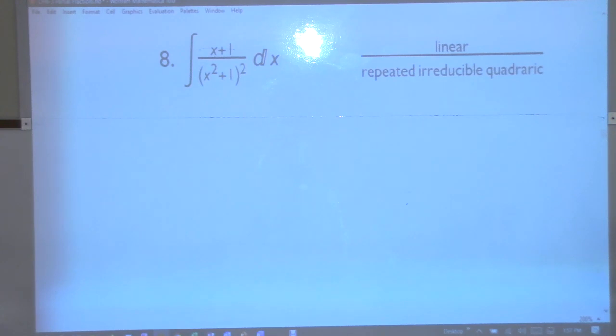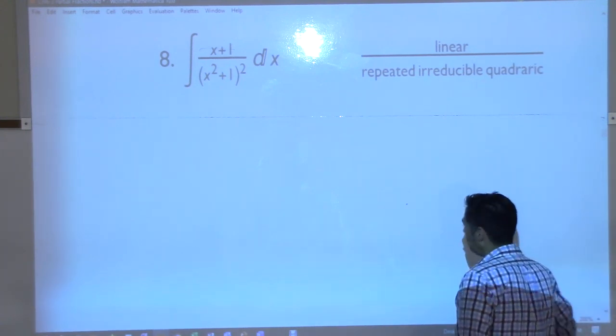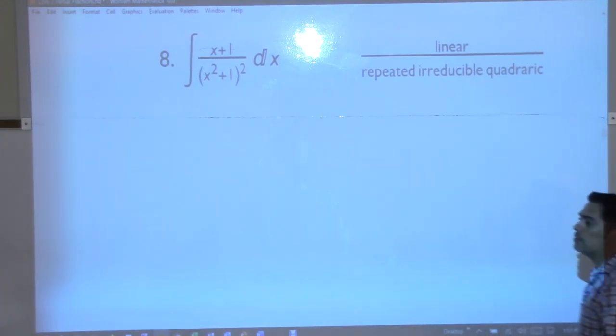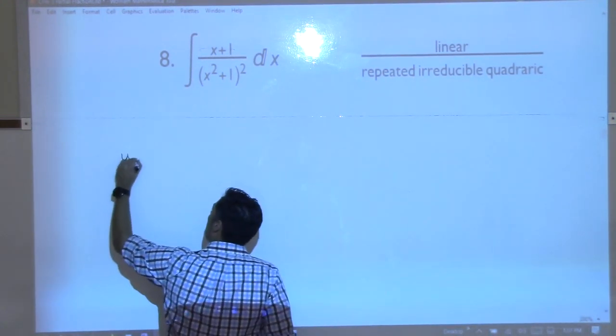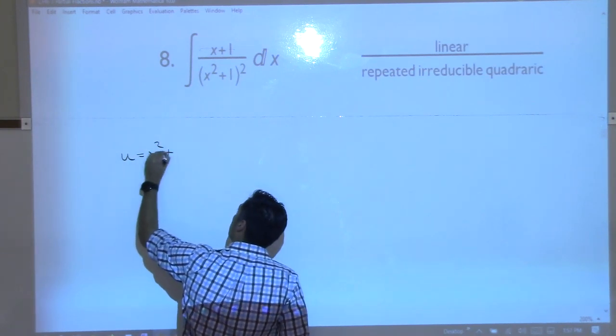Let's see what happens. And what was the game we played on the previous problem? See if you can reduce it by taking x squared plus 1 to be the u. So let's try that. What happens if we let the x squared plus 1 be the u?